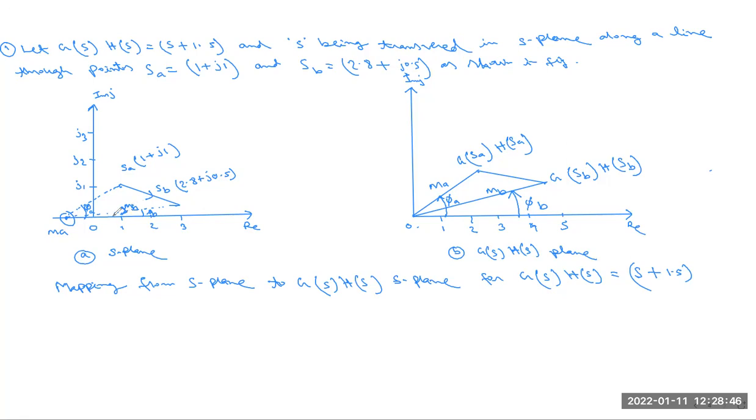The angle of MA to the real axis is phi A, and MB from the real axis has angle phi B. Okay, so now the values of GS and HS, where S means SA, and another one is SB.